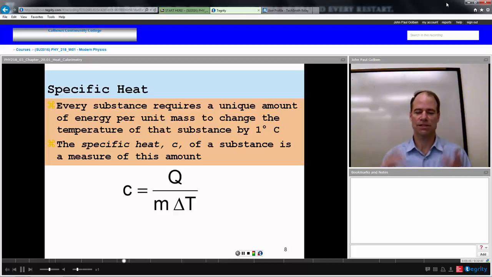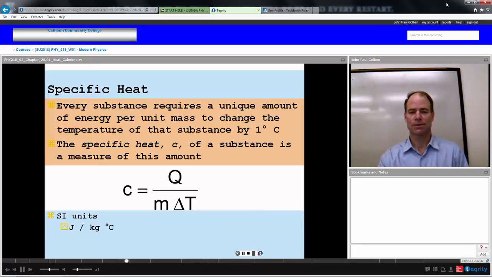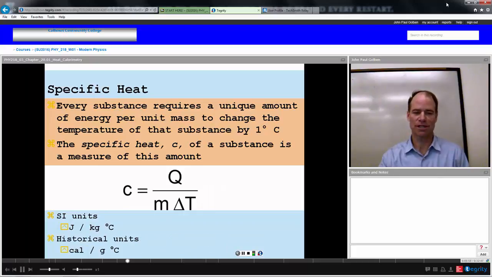And that will give us either calories per gram per degree Celsius or joules per kilogram per degree Celsius or Kelvin. So in SI units it is joules per kilogram per degree Celsius or Kelvin. Historical units is calories per gram per degree Celsius.